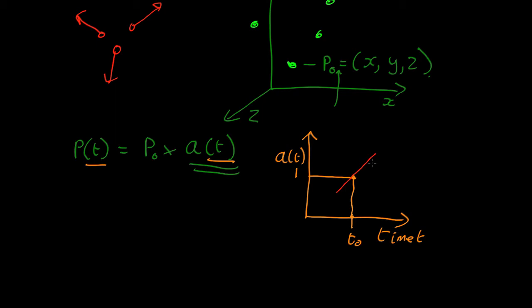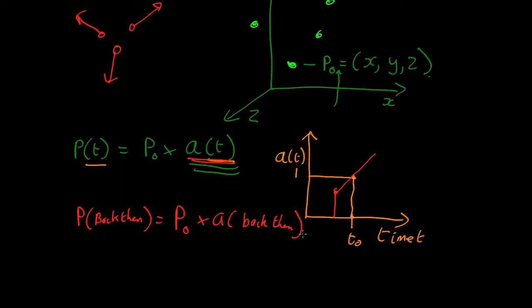So let's say we wanted to know where a given galaxy was going to be 2 billion years in the past. We would have to know what the value of a of t back then is. At the moment, we don't know the exact function of a of t other than it's going up. But if we knew what the scale factor was back then, the position back then is just equal to the position now times the scale factor back then, which will be less than 1.